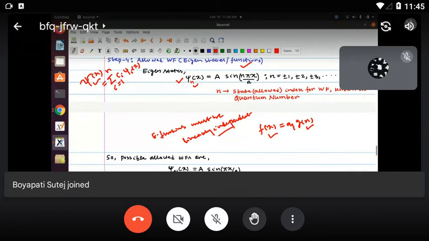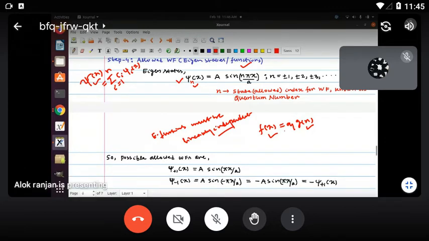And since a1 is a linear factor, it's called linearly dependent. That means you can convert the function f(x) in terms of g(x) and vice versa. And if you have f(x) equal to a1 g(x) squared, then it's called not linearly dependent, they are no longer dependent.